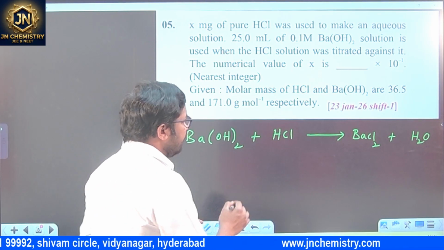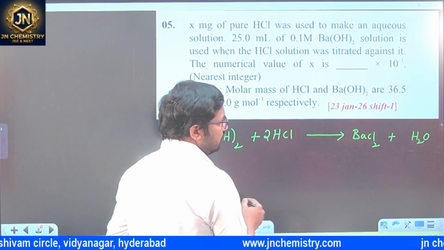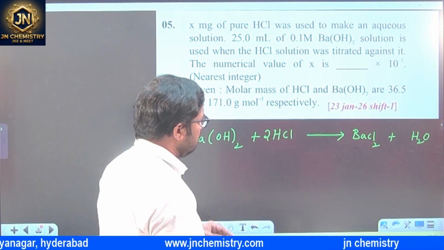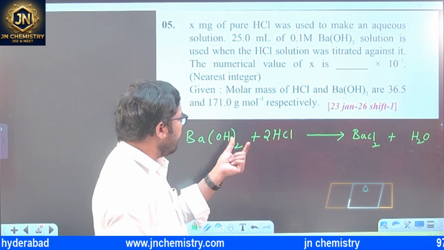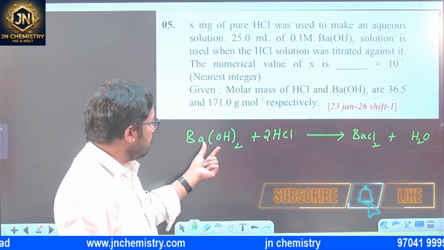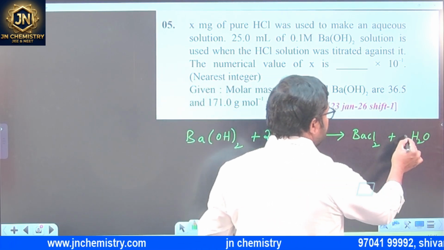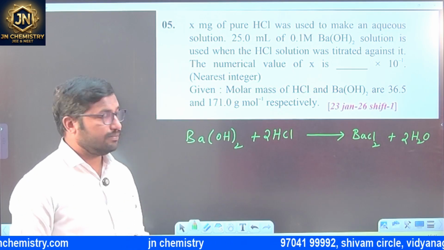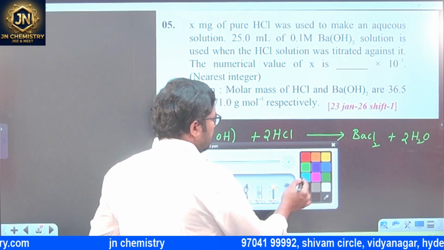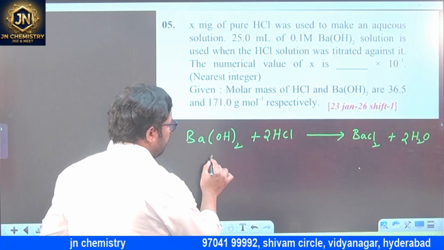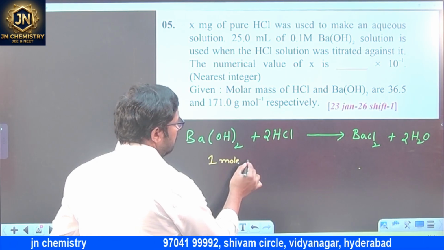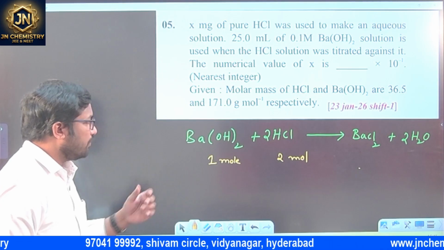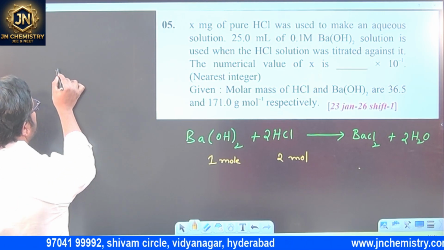So when balancing, we take 2 HCl, and BaCl2 and 2 H2O. So this is the balanced equation. In this case, 1 mole of barium hydroxide is treated with 2 moles of HCl.